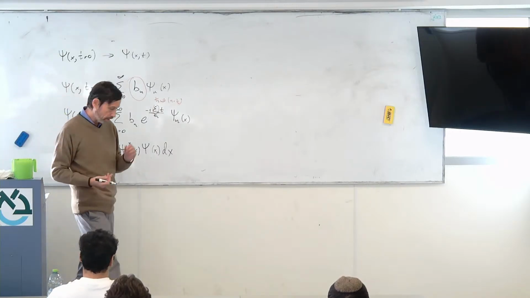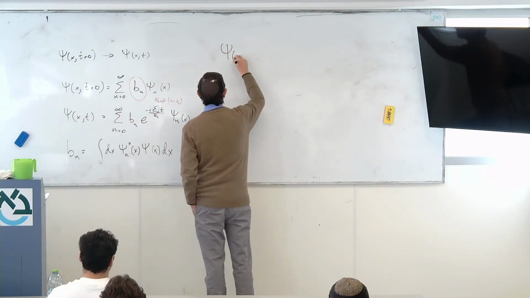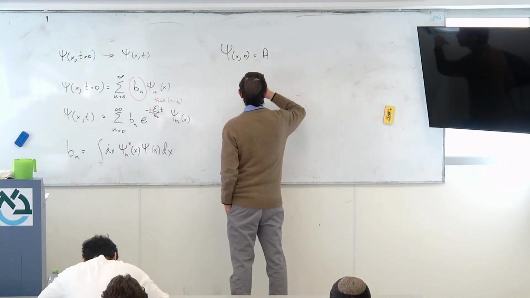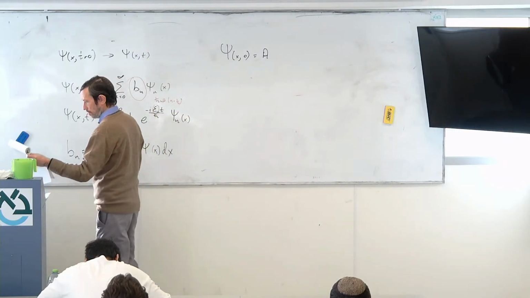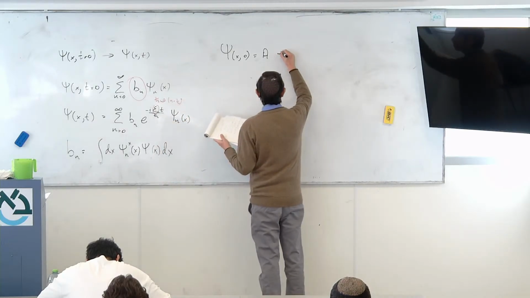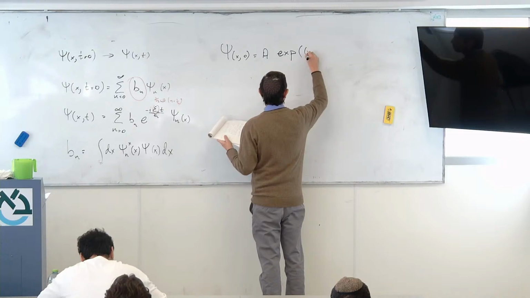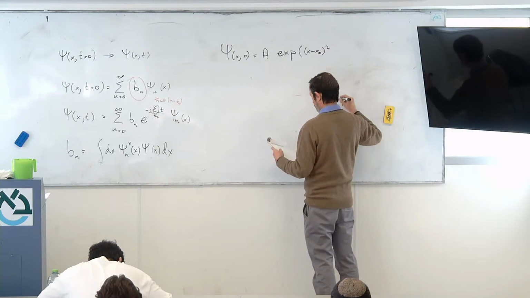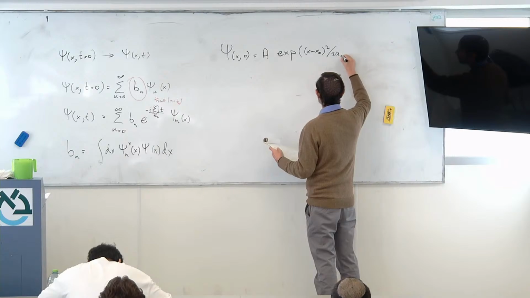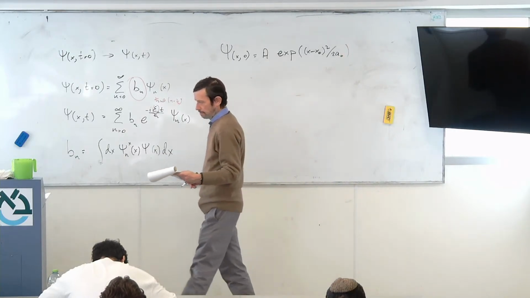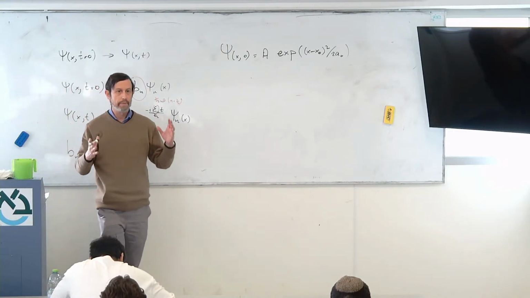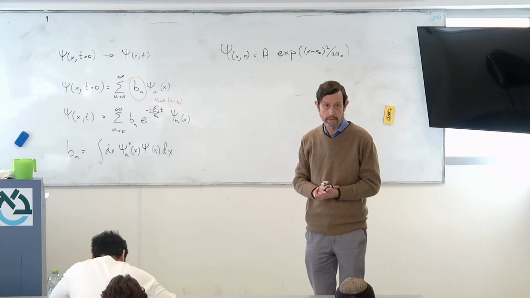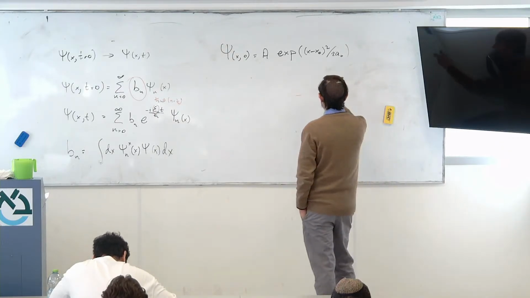So, in general, I started by placing a Gaussian with some width, which I didn't define, so it's a0, centered around x0.